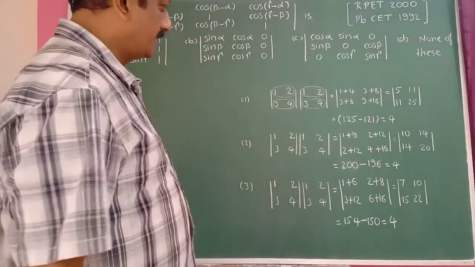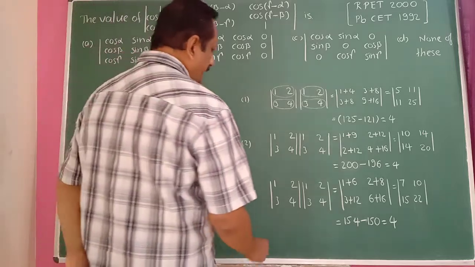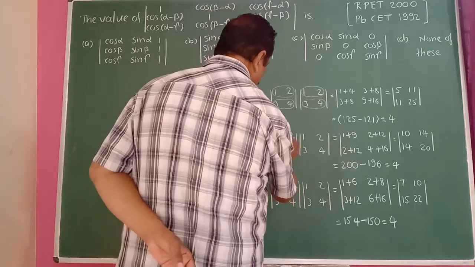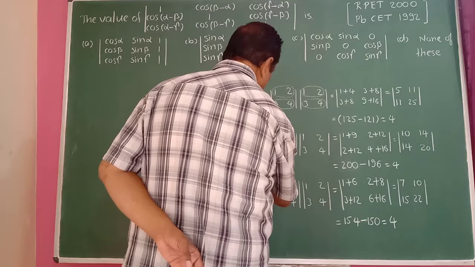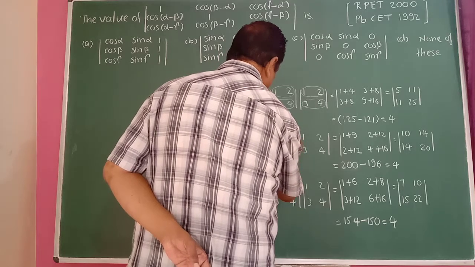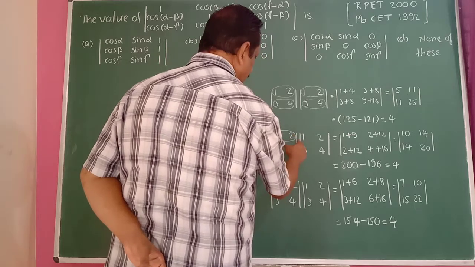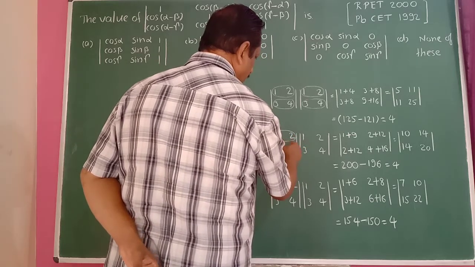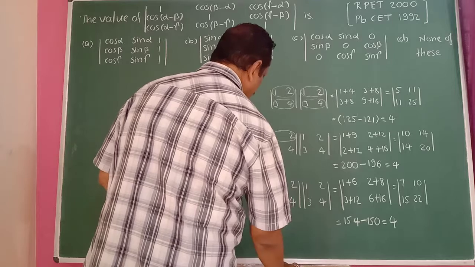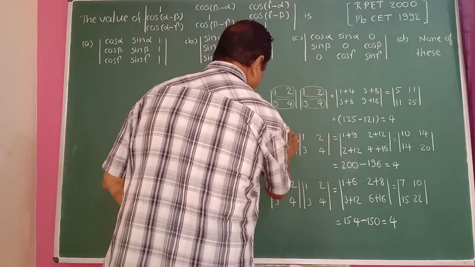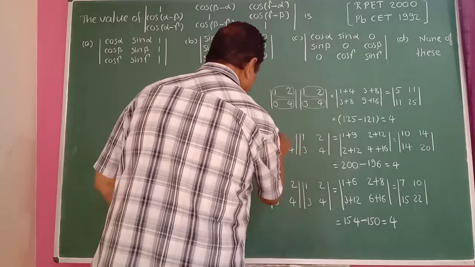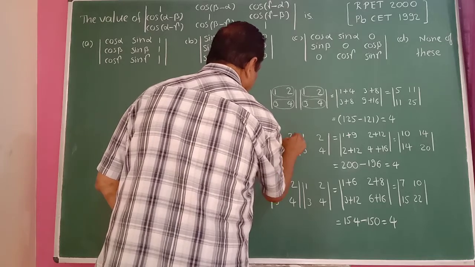So subtracting, we get 4. In the second case, I am multiplying column with column here. 1 and 2 here.